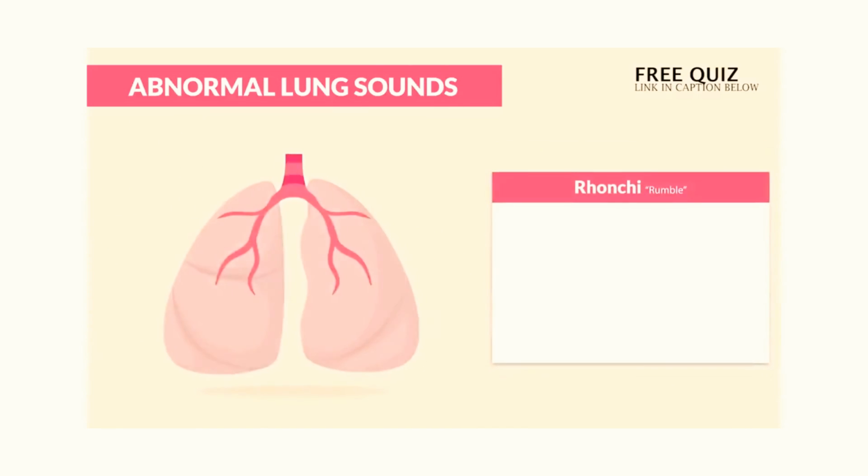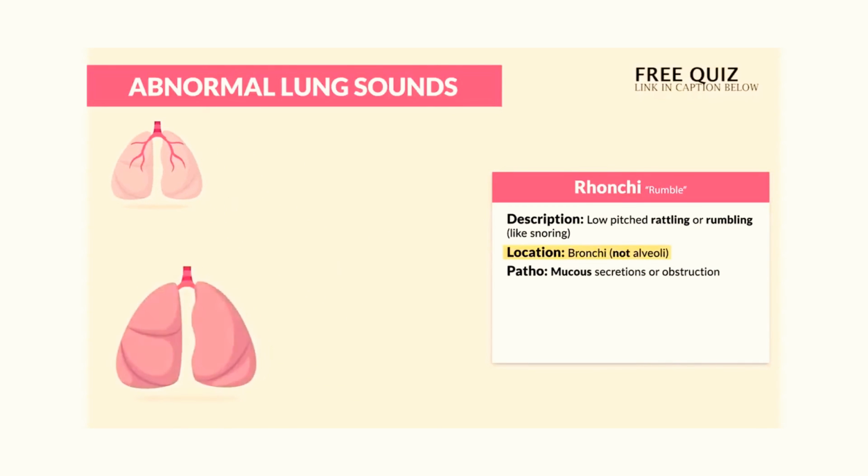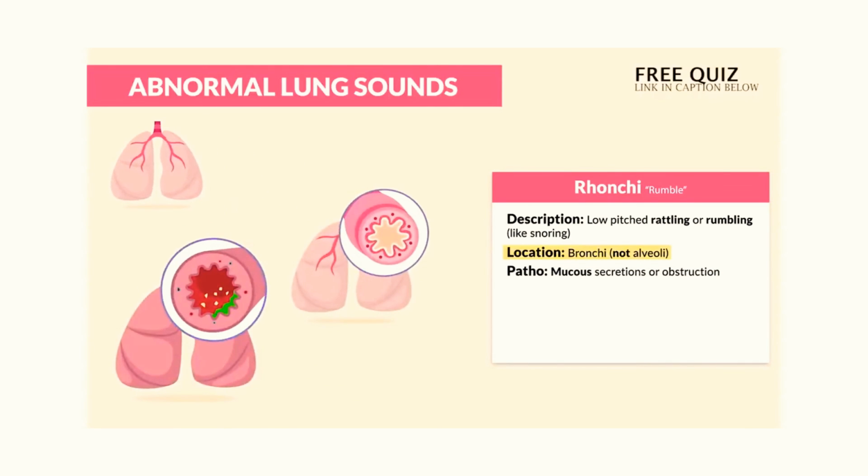Next up, we have rhonchi, which we call the rumble, sounding like this. This one's described as a low-pitched rattling or rumbling, kind of like snoring, located in the bronchi, not the alveoli here. So the patho is mucus secretions or obstruction.